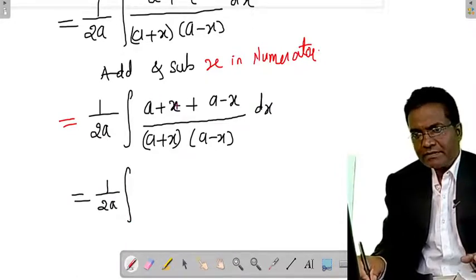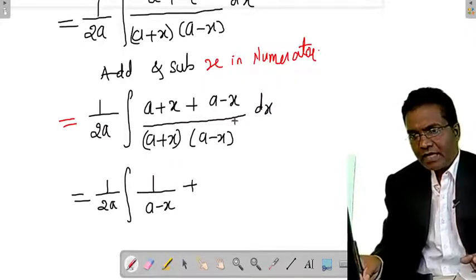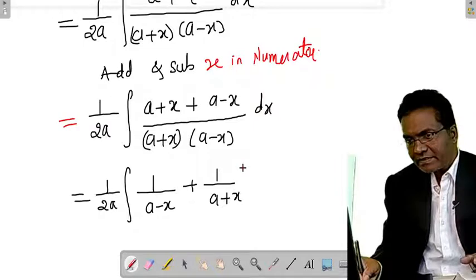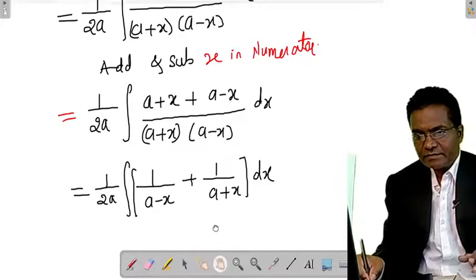So a plus x by this gives you 1 by a minus x, and this divided by this gives you 1 by a plus x. If you separate them, you will get this.